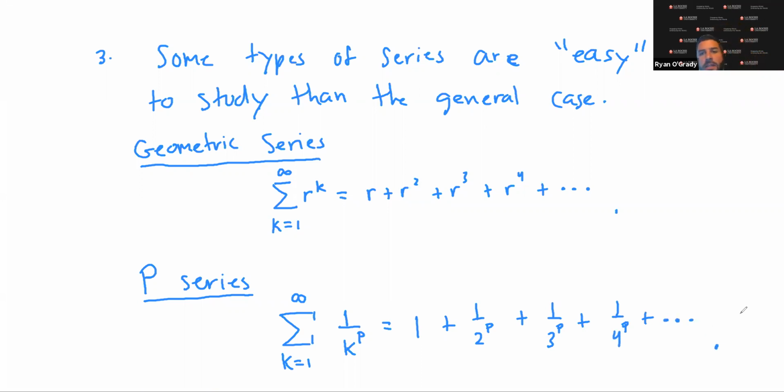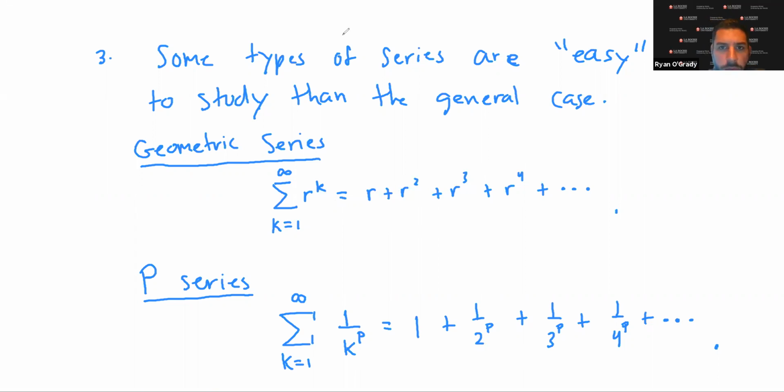So why do we say these are easy to study in quotations? Because they have a very obvious form, number raised to power. Here it's 1 over number raised to power. But the subtle difference between geometric and p is, notice the powers in a geometric series are the index, where r is some fixed number.